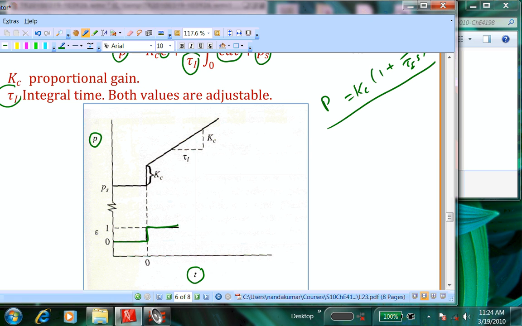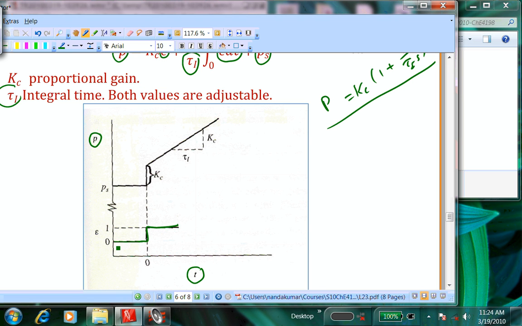Okay, so we're just trying to develop an understanding of how a valve works and how a controller works in association with the valve. The PI or PID action is the same for any process. But here we are just seeing how it is applied to a simple valve that is pneumatically controlled.